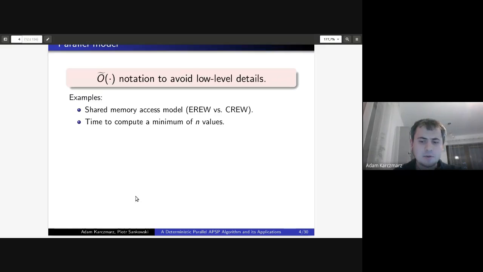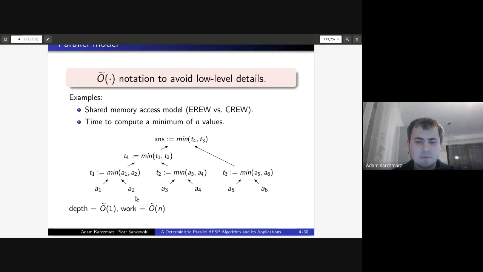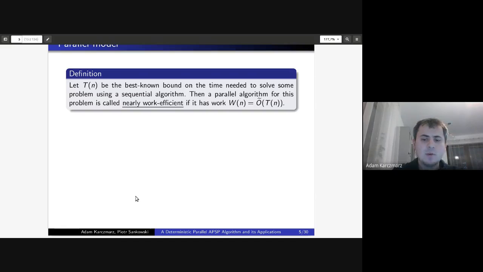Moreover, this allows us to say that every time we compute a minimum of n values without any dependencies between them, we can do it using nearly linear work and almost constant depth. If you forgot how this is done, you basically need to build a binary tree on top of your values to make the depth logarithmic. And because we don't care about the memory model, some of these values may even refer to the same memory cell, like this.